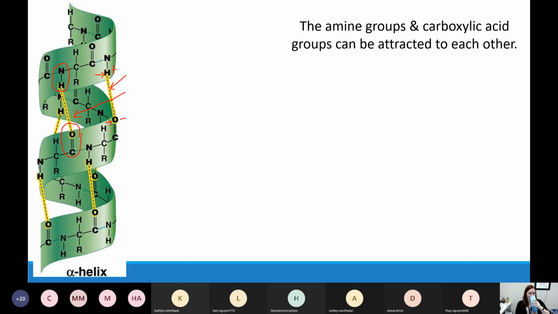Exactly. Several of us mentioning in the chat, the way that I get dipoles is I have a polar covalent bond. So between this nitrogen and the hydrogen who's attached to it, the nitrogen gets the electrons more often than the hydrogen does, which means that hydrogen is going to have a slightly positive charge.